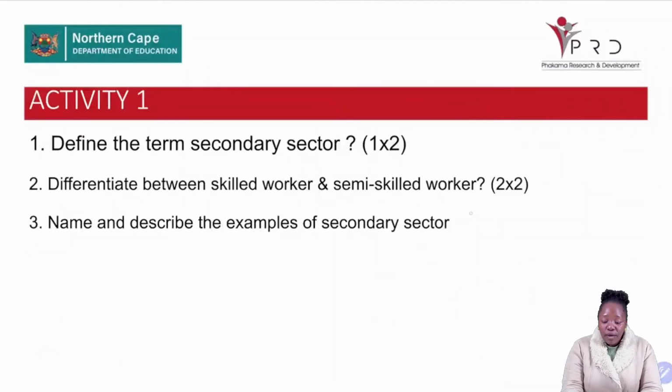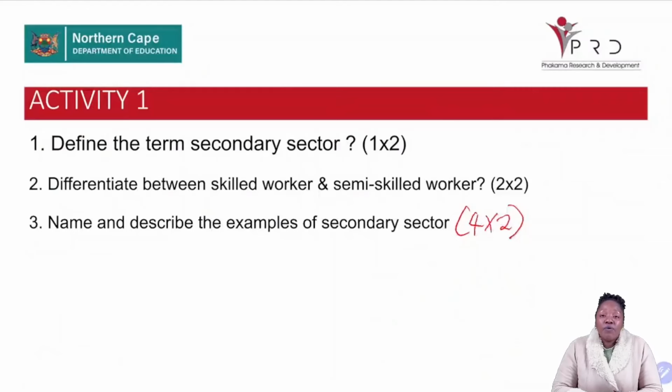So the mark allocation there is 4 times 2, which means you need to give 4 examples and then describe them. I'm going to give you 6 minutes to work on this activity, and then after 6 minutes, we're going to do the corrections.